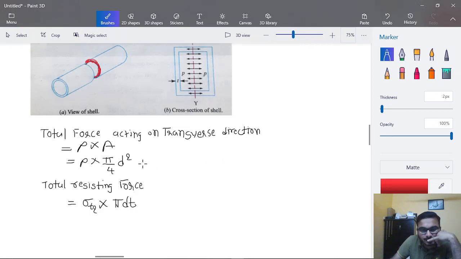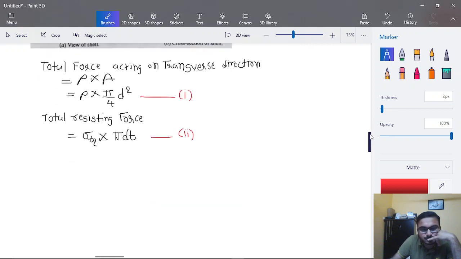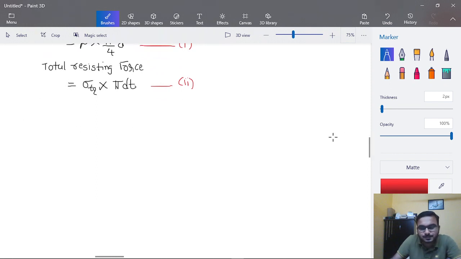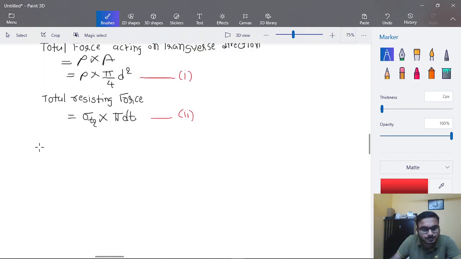Now again we will be comparing these two equations, equation 1 and equation 2. So when we equate them, P into pi by 4 d square is equal to sigma T2 into pi dt. So one d will get cancelled out, pi will go.